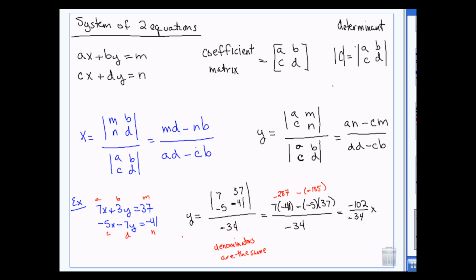Positive. Yeah, because negative divided by negative, so I'm going to get positive 3, so y equals 3. So my solution to this equation is, what was x again, 4? 4, 3. That's my solution to the system.